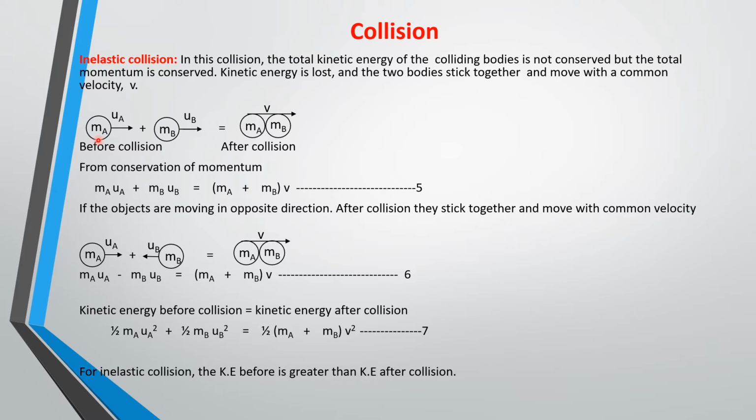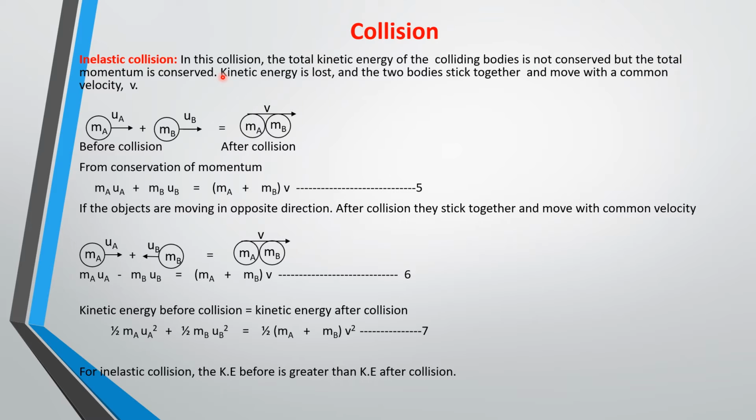If we consider those two bodies again, A and B, their momentum before collision will be MAUA plus MBUB. After they collide, they stick together, so you add their total masses together and multiply by their common velocity.